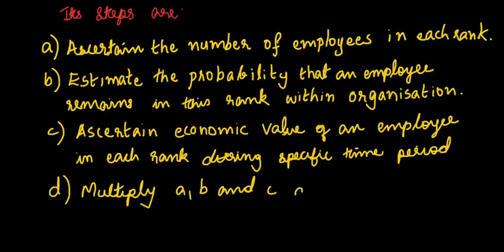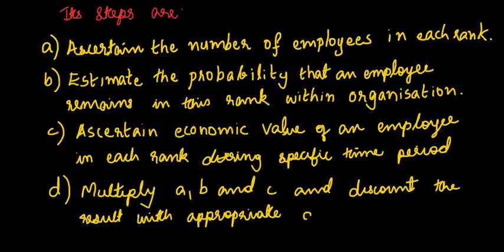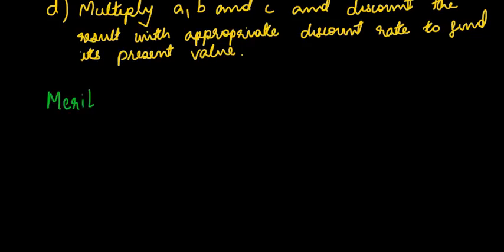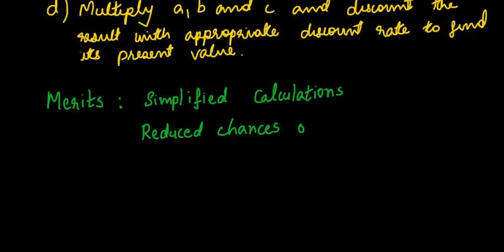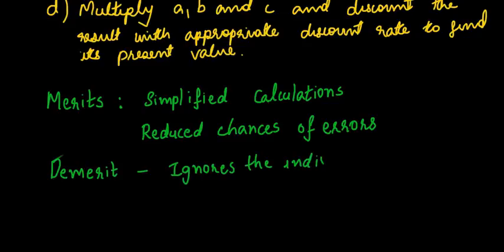Multiply the above three factors and apply an appropriate discount rate to obtain the present value of existing employees in each rank. The merit of this model is that it simplifies the calculations and reduces the chances of errors. The only demerit of Jaggi and Lau is that it ignores the individual skills of employees.